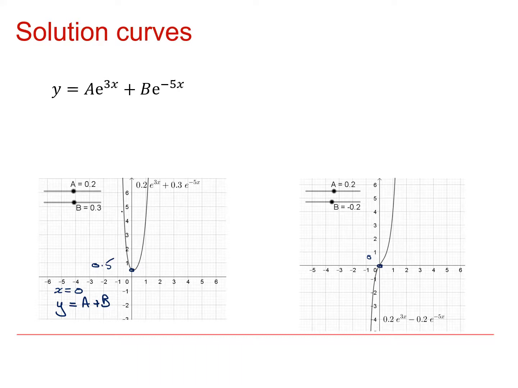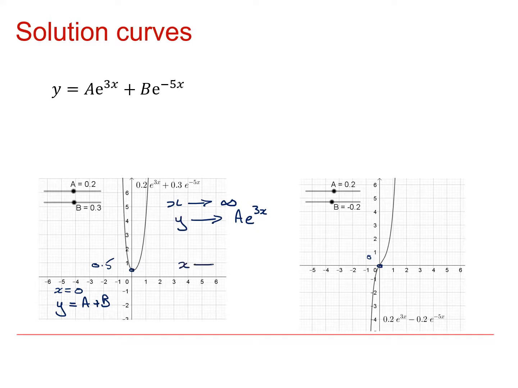The other thing to look at is the behavior for x large and positive or large and negative. So as x tends to infinity, y tends to a e to the 3x. The bit with the e to the minus 5x will disappear as x tends to infinity.